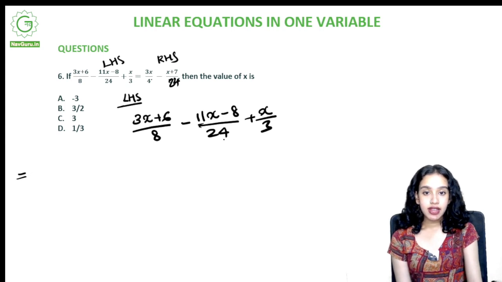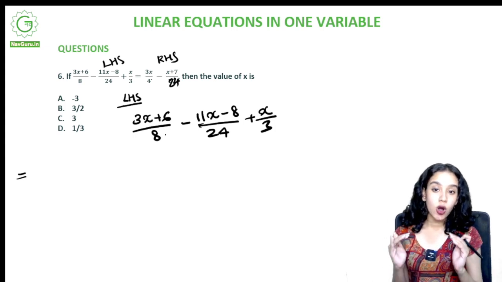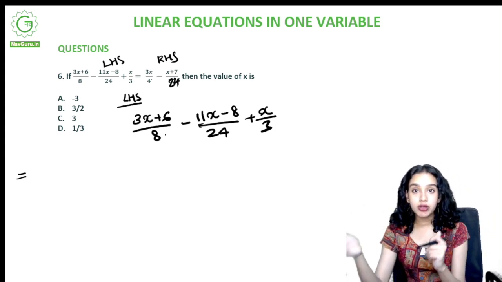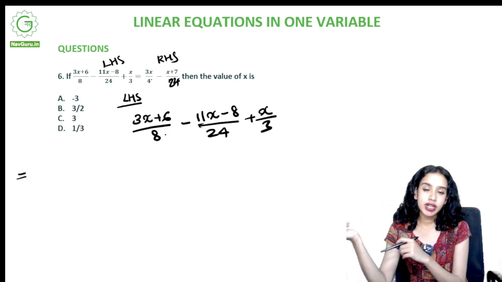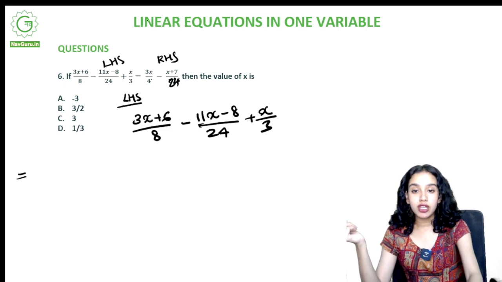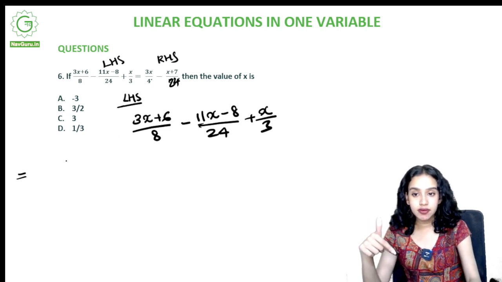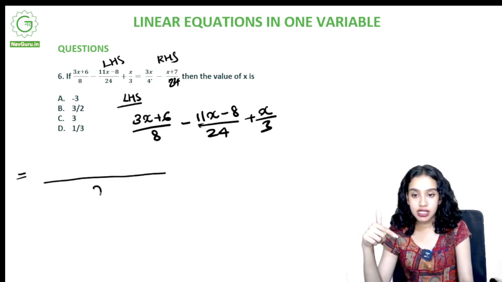So we have 24, 3 and 8 in the denominators. So let's take a common denominator. What is 8 into 3? 8 into 3 is 24, right? So we could make the whole denominator 24 on the left hand side.